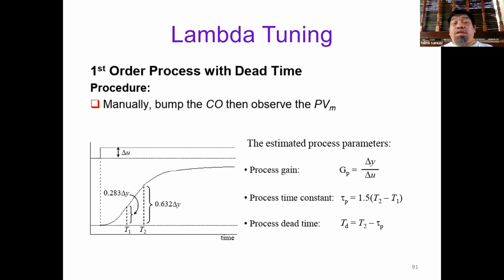And then you have your TD. So this is dia ambil from the TP. So TD is T2 minus TP, the tau. So this is your tau.